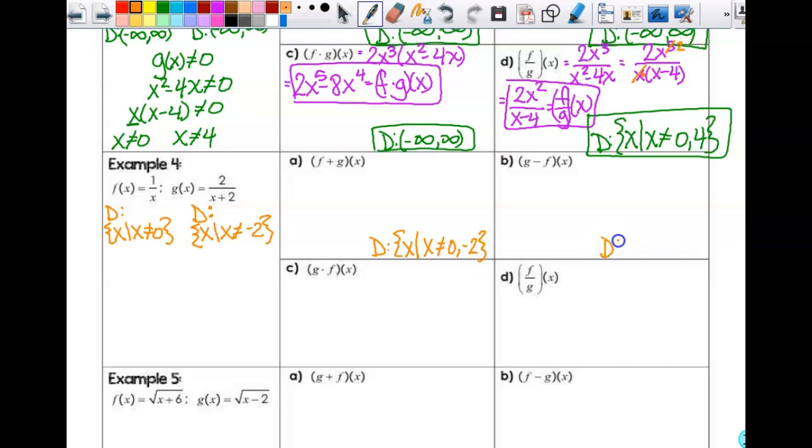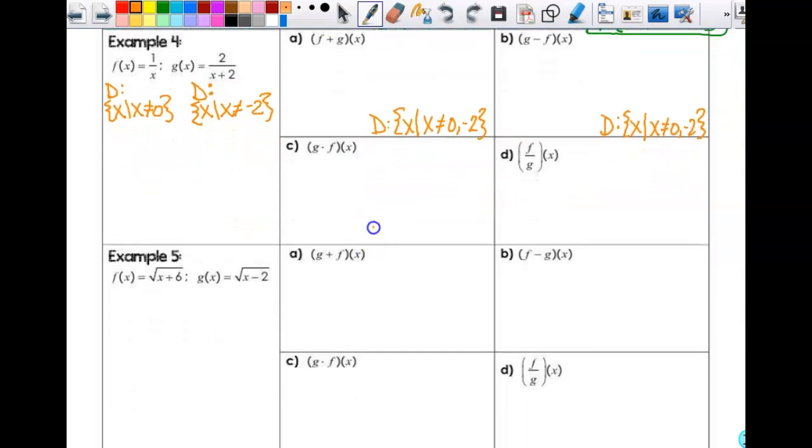Same thing here, domain. Set of all x's such that x cannot equal 0 or -2. And then we will revisit this one when we get there.